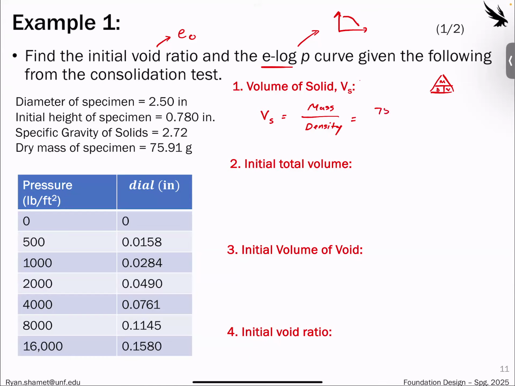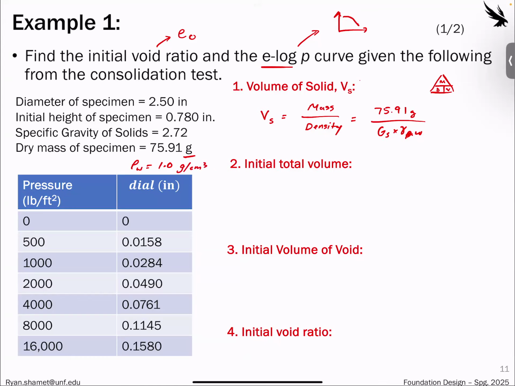So that's the mass of the solid, which is 75, and then the density, which is from the specific gravity times the unit weight of water, or the density of water. Oops, so that's a w there. Since we are in grams here, the density of water is just 1 gram per cubic centimeter.